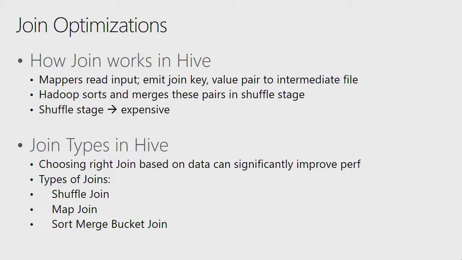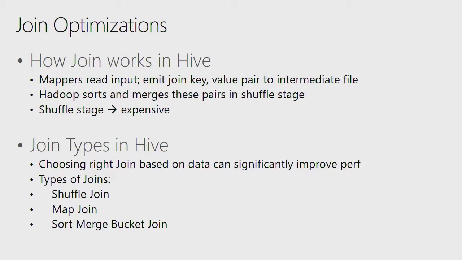So why are we discussing join optimizations? Because in any ETL job, join is pretty much something that's always done. And so we need to make sure that if we understand how joins work, we're able to use them more performantly. So how do joins work in Hive?